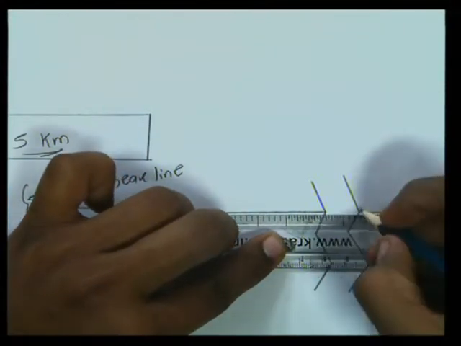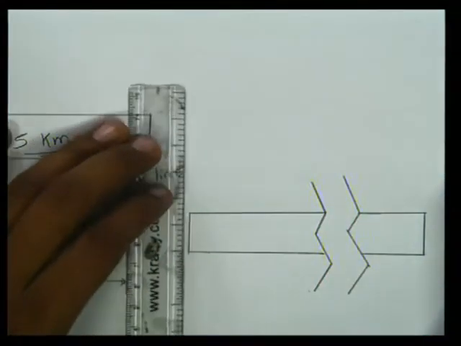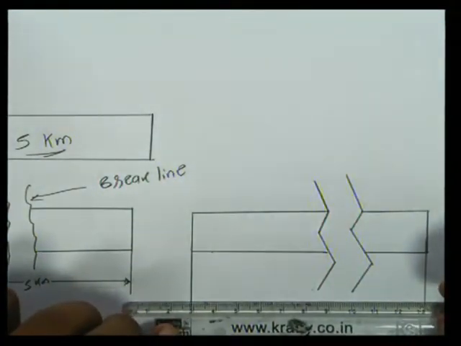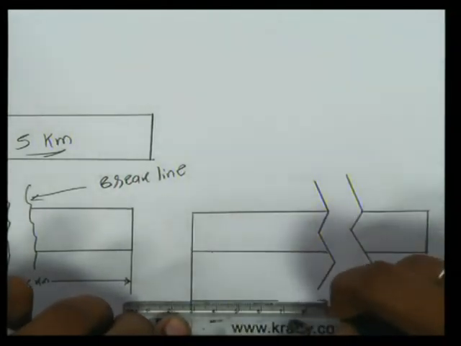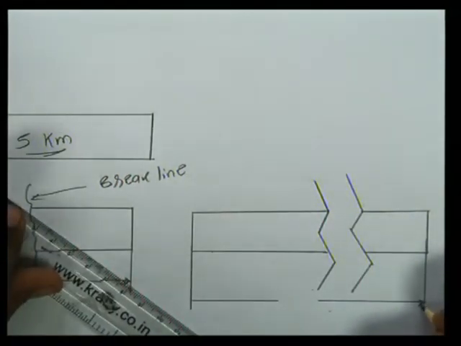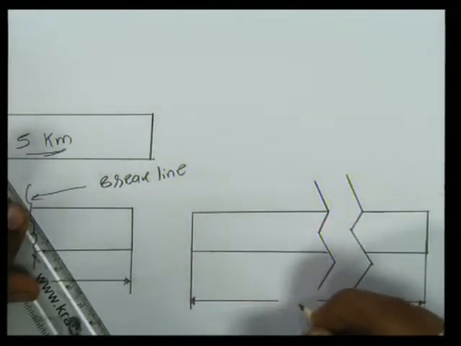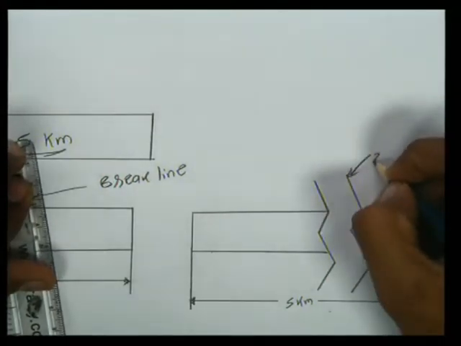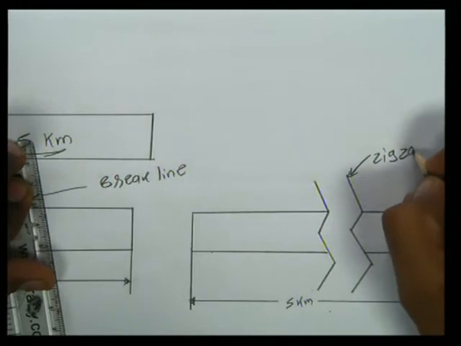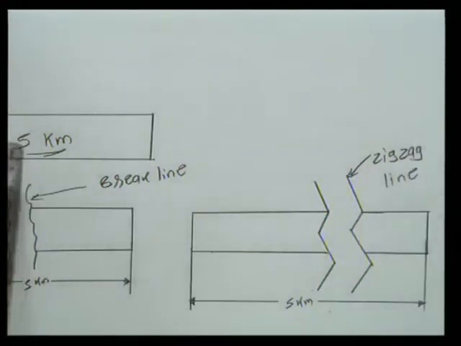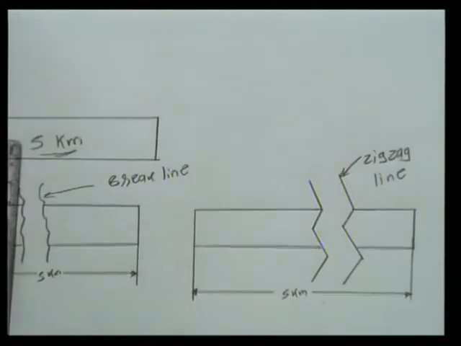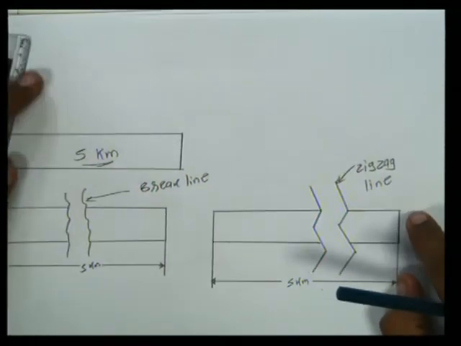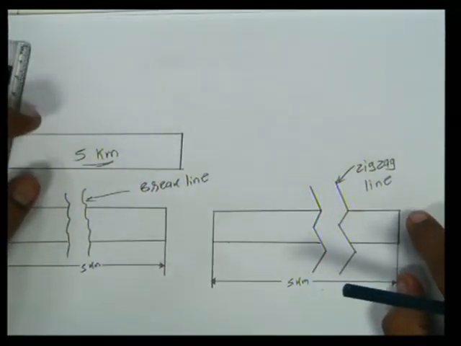This would be a zigzag line. The function of this line would be the same. It's showing the break for the same section. Let's say it's again a 5 kilometer long pipeline itself. This is called zigzag line. Break line and zigzag line show the section of the same for longer lengths.